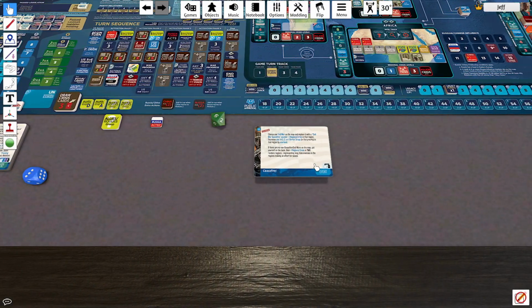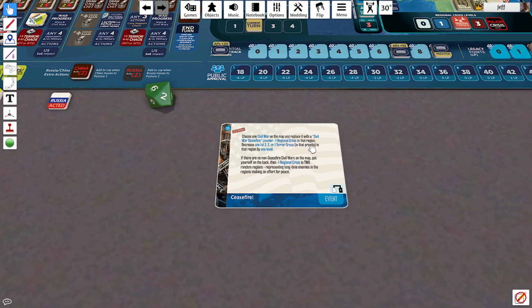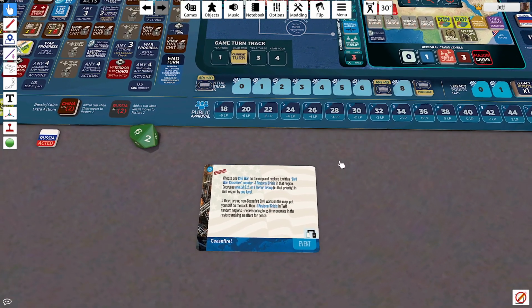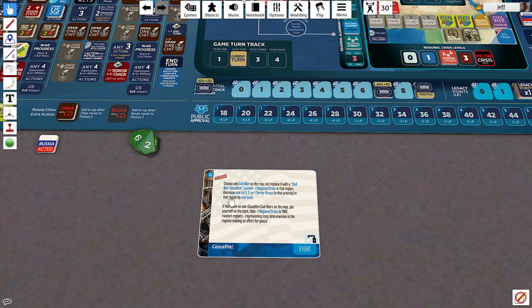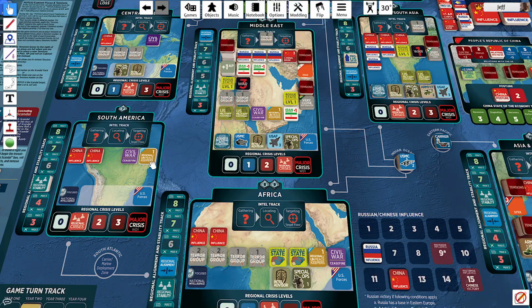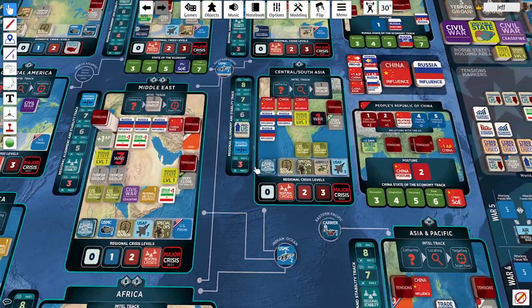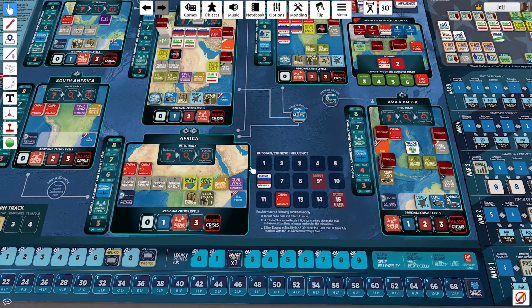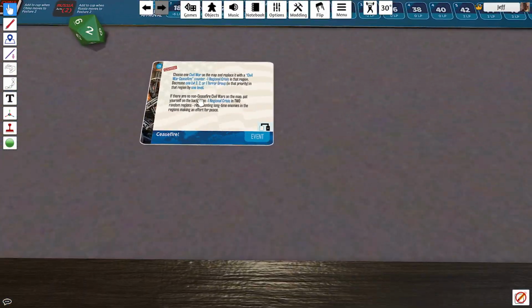And then we got another one. Choose 1 civil war, replace it with a ceasefire, -1 crisis, decrease a 3, 2, or 1 by 1. I got plenty. Actually I have ceasefires everywhere. If there are no non-ceasefire civil wars on the map, -1 regional crisis in 2 random regions.